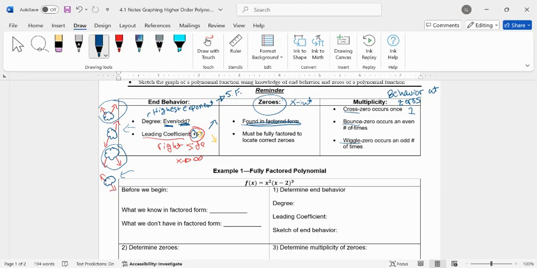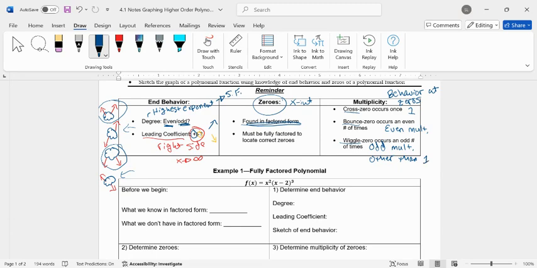If you bounce, that means you have an even multiplicity, meaning your exponent's 2, 4, 6, 8. It's an even number. And if you wiggle across, that's when you have an odd exponent, or an odd multiplicity, other than 1.